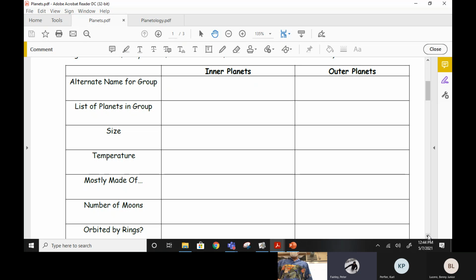Okay, now what about size for the inner planets in general compared to the outer planets? What do you think? Absolutely, smaller for the inner planets. Why do you think we call the outer planets the gas giants? The gas giants, right? Because they're bigger.